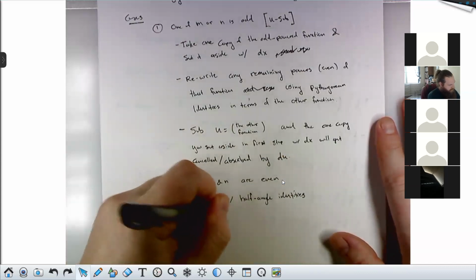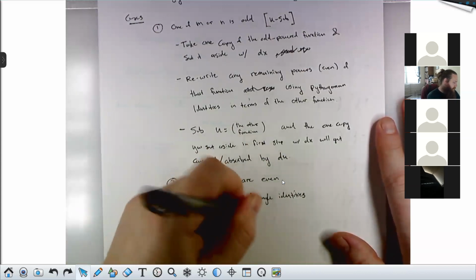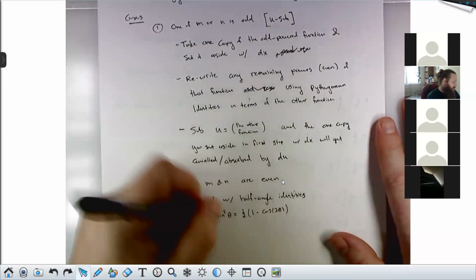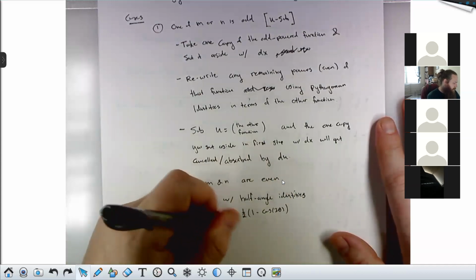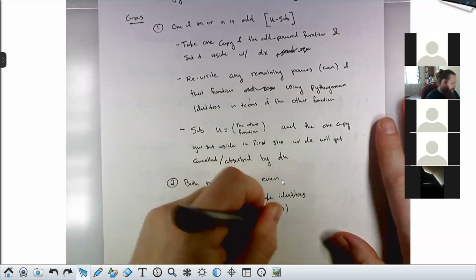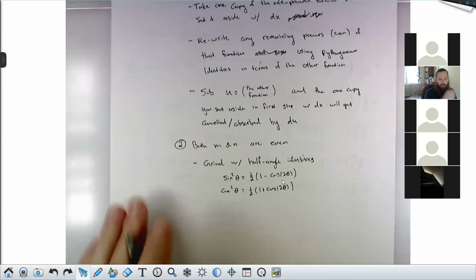Which are sine squared theta equals 1/2 times 1 minus cos 2 theta, and cos squared theta equals 1/2 times 1 plus cos 2 theta. The kind of strange thing about these identities is that whether you start with a sine or a cosine, you end up with a cosine.